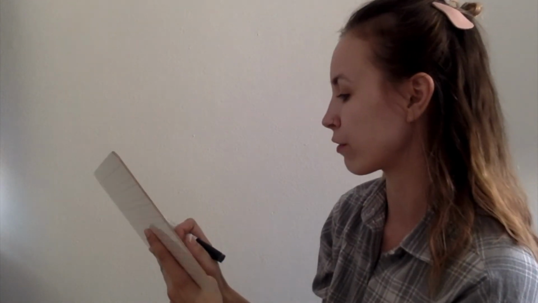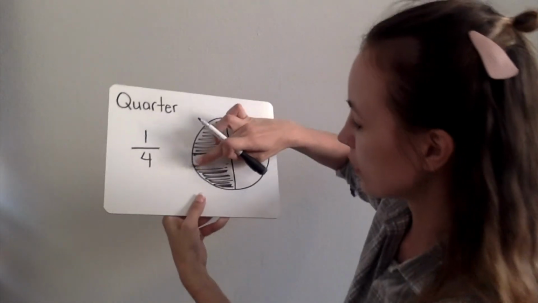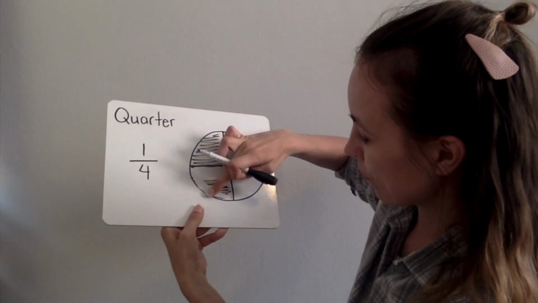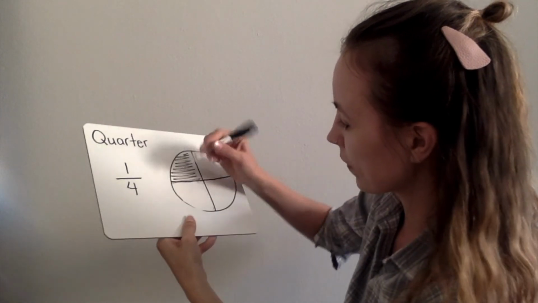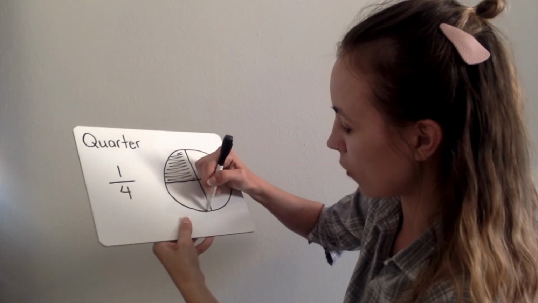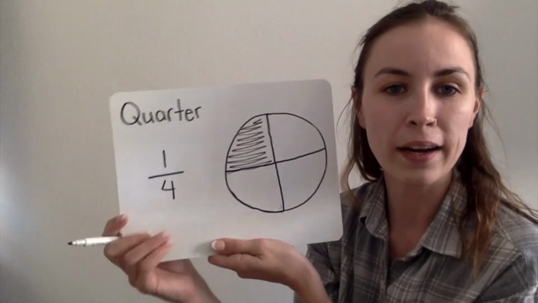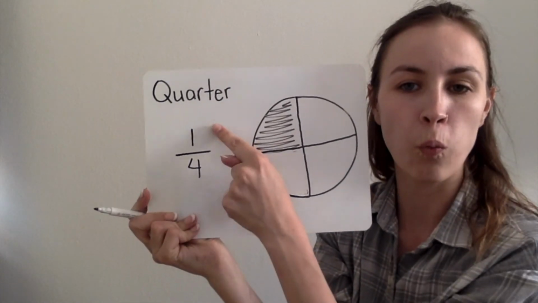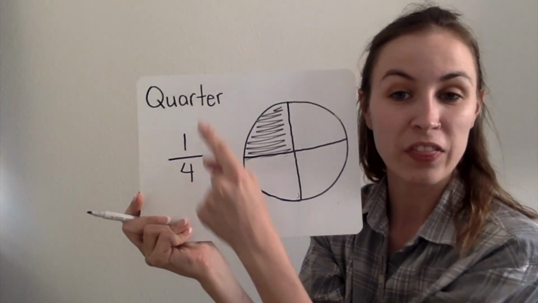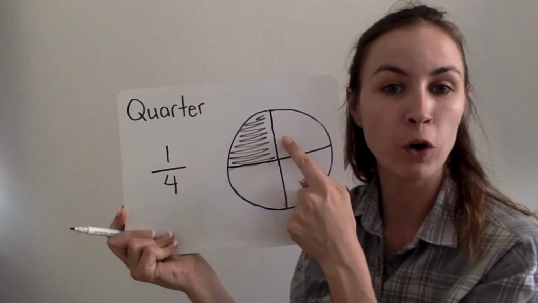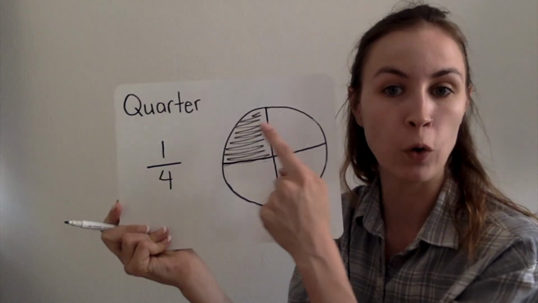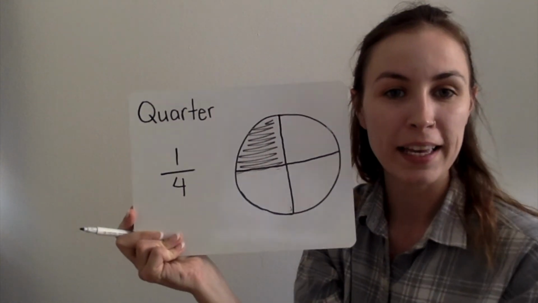So we would erase this. Let you see it. And now my shape is showing me 1/4. This is telling me that 1 out of 4 spaces, or 4 equal parts, is colored in.